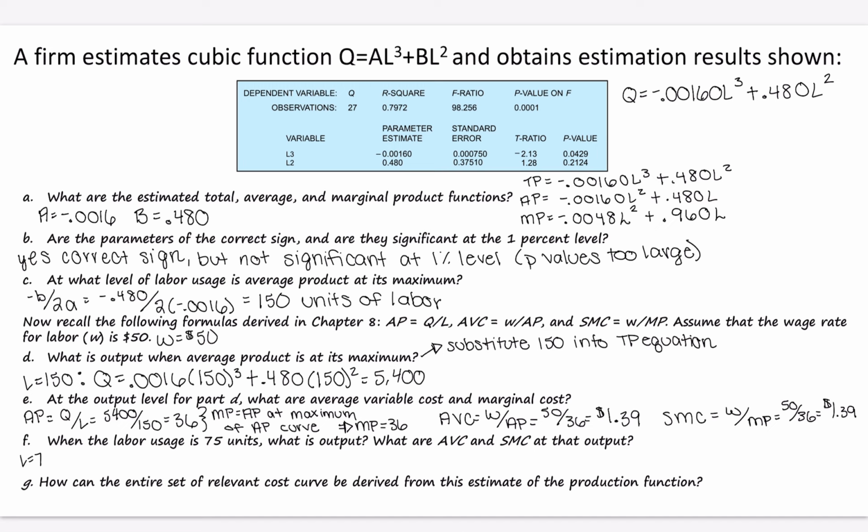So when labor is 75, we're going to substitute that in, and we're going to get negative 0.0016 times 75 to the third plus 0.480 times 75 squared, which is 2,025. So for our average product, that's Q divided by L.